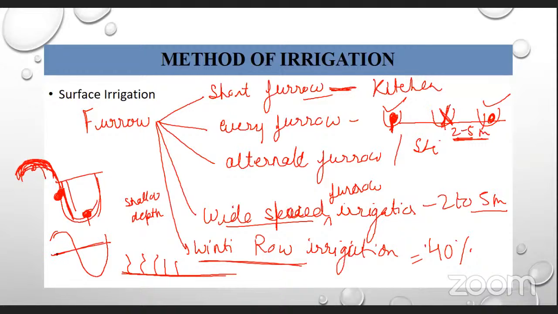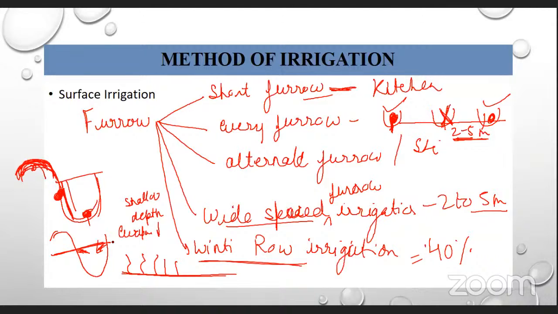In this type of arrangement of the soil, our evaporation is reduced because the sides cover some portion, so the evaporation losses from this portion are less in comparison to the plain surface.